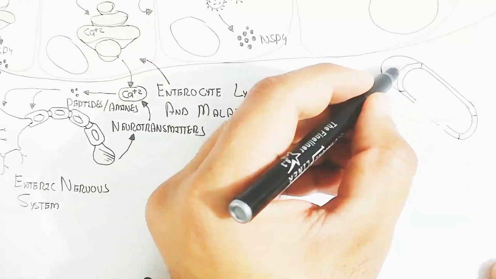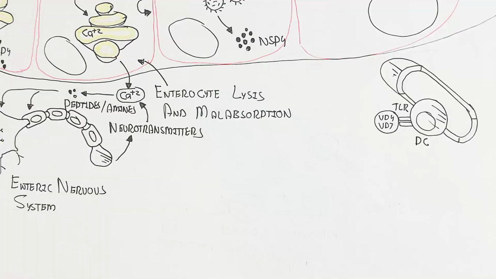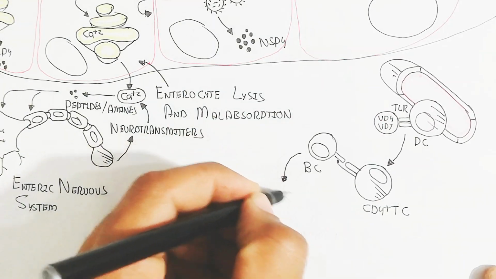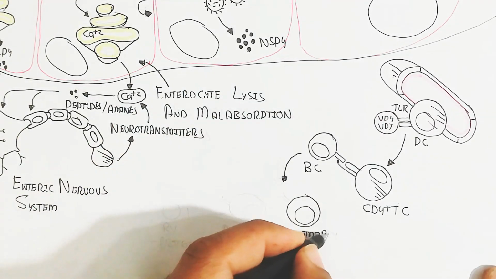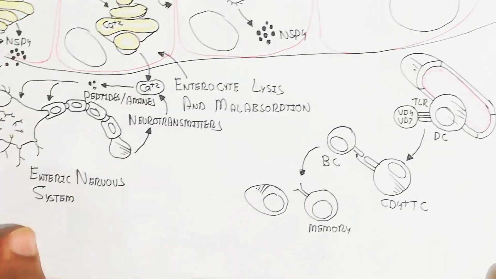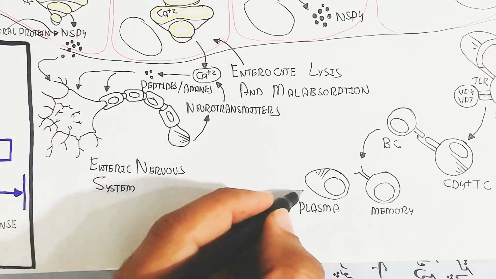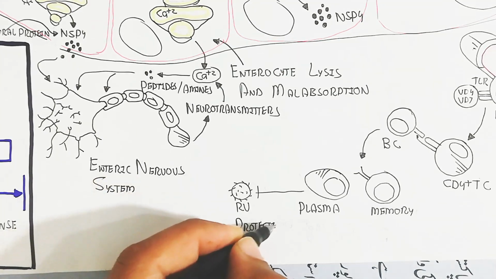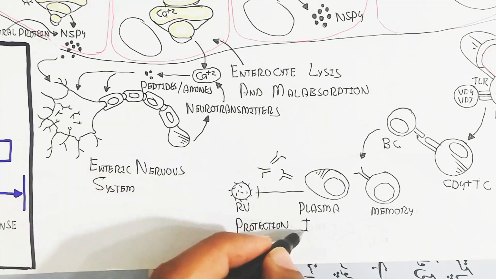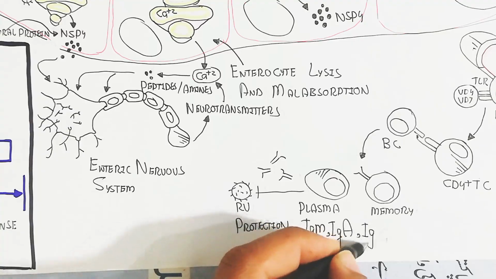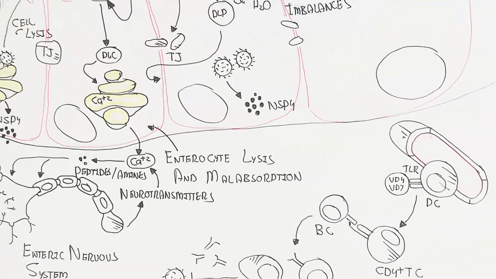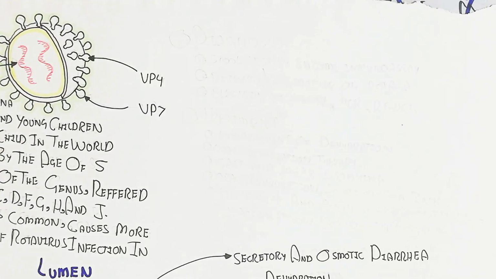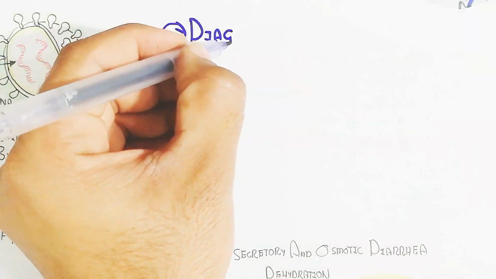On the other hand, remember an immune response also occurs due to VP4 and VP7. Detection through toll-like receptor on dendritic cells activates the CD4 T lymphocyte, which activates the B cell to produce B memory cells and plasma cells, producing IgM, IgA and IgG antibodies for protection against the rotavirus.